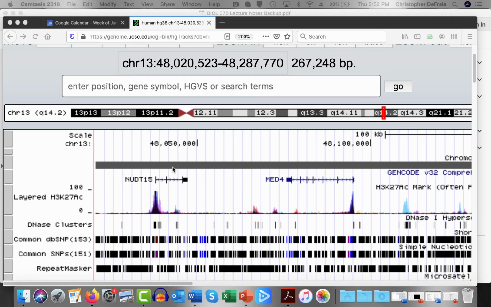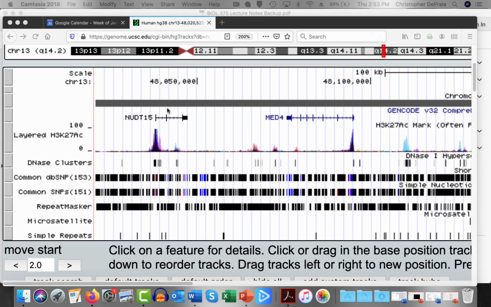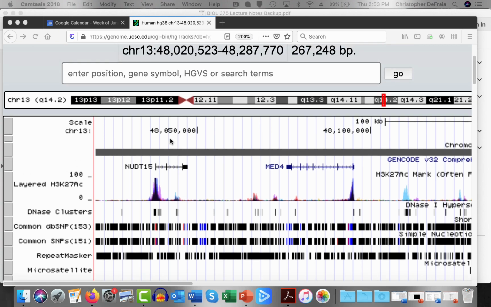Okay, so what you're looking at here is the UCSC Genome Browser, and we're taking a look at chromosome 13. And we see here is a gene, it's called MED4, and in this browser, one of the tracks is the coordinates of each location on the genome.